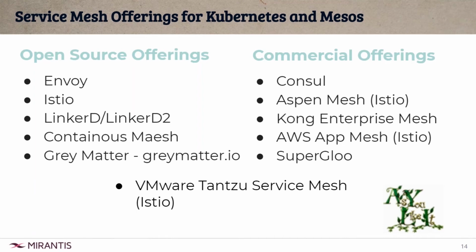We're going to talk about Envoy, which is the foundation proxy for a lot of these implementations, and of course Istio, and the Linkerd and Linkerd 2 because they came out with a new version. I'll focus more on the Linkerd 2 as we go. There is a continuous mesh capability, and I'll give you some information about that.